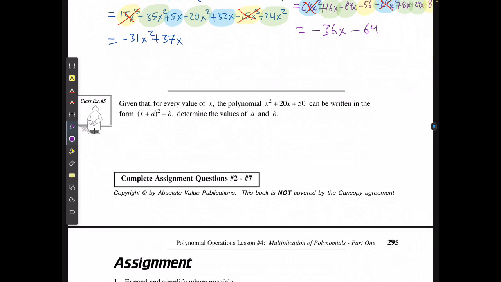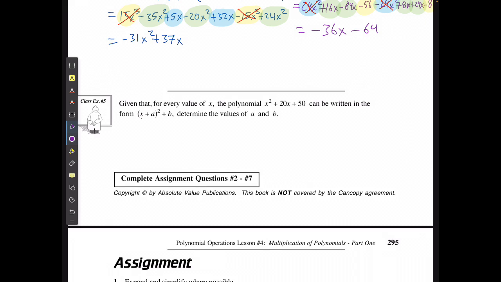For the last example, given that for every value of x, the polynomial x squared plus 20x plus 50 can be written in the form of (x plus a) squared plus b, what are the values of a and b?